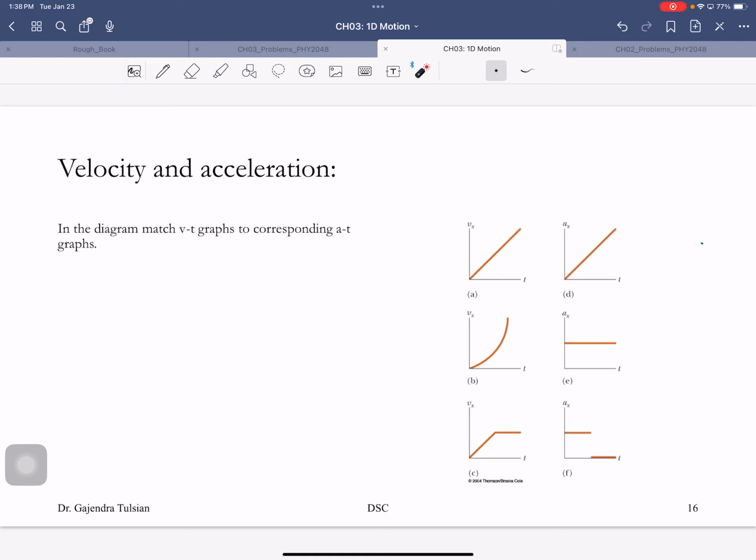Here velocity is changing. Again, all these are with respect to time. So you're accelerating. Here velocity is changing. You have acceleration. Here velocity is not changing. So acceleration is zero. So this guy, here the rate of change of velocity is constant.